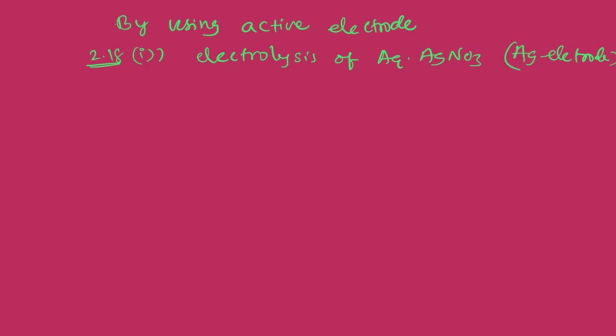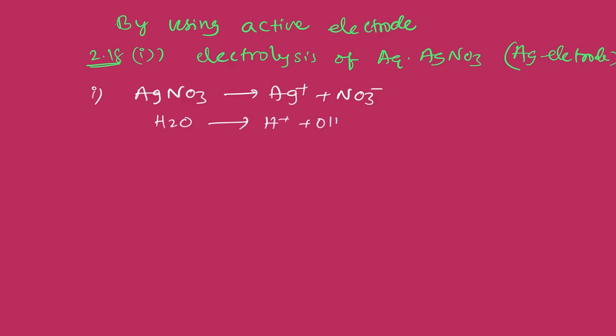Now the first step, we know that ionization: AgNO3 ionizes into Ag plus and NO3 minus. In this, water is also present, therefore H plus and OH minus. Second step is at anode. At anode, what is the charge? Plus.